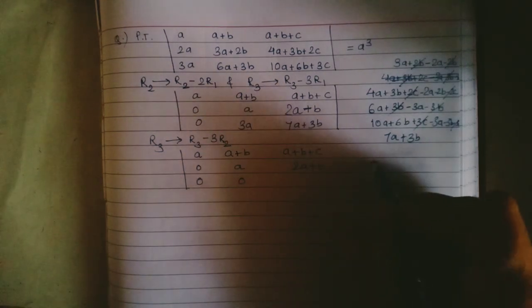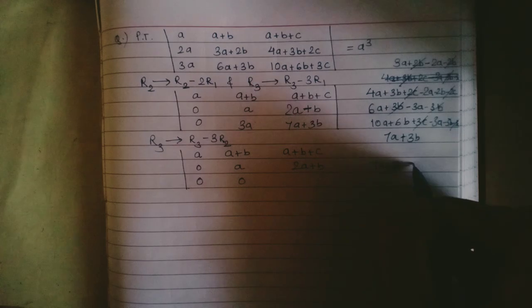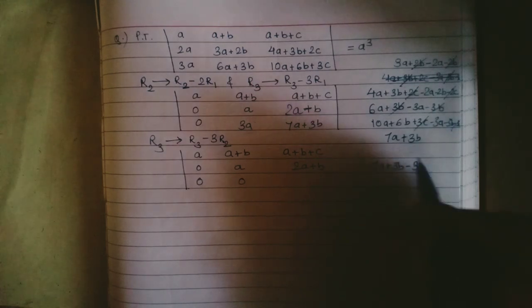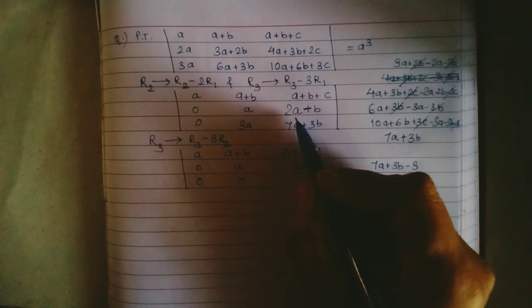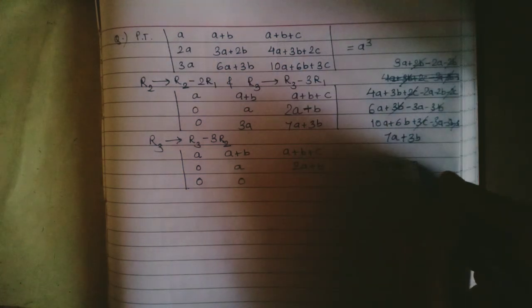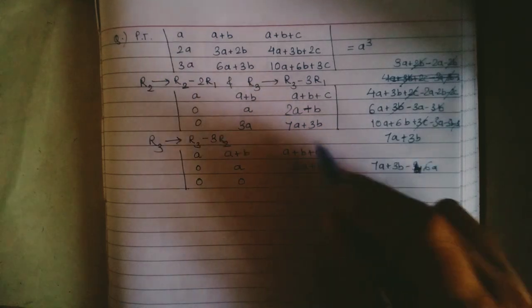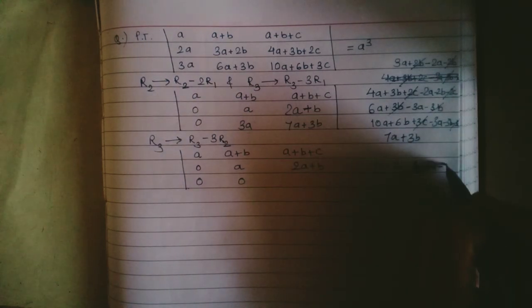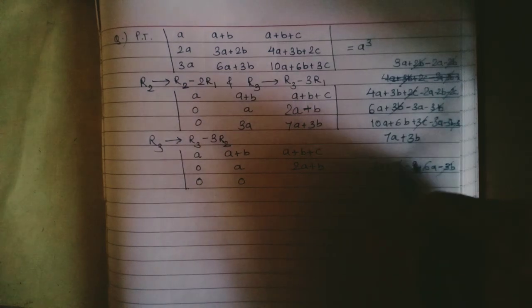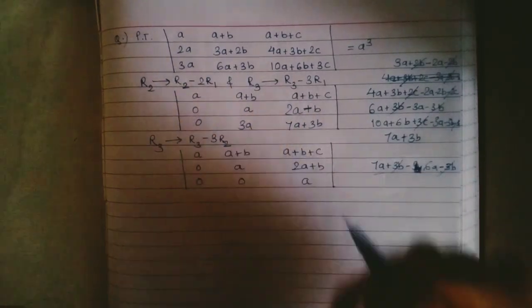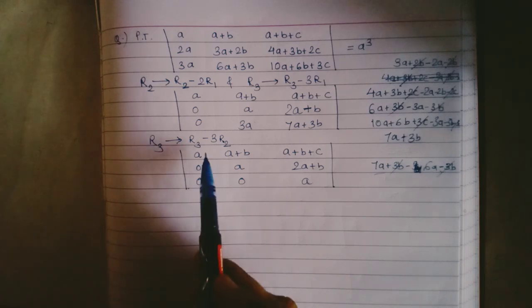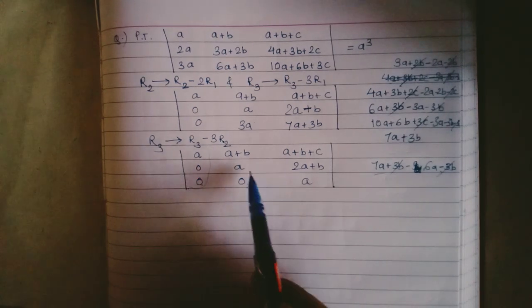This will be 7A plus 3B minus 3 times R2, that is 2 into 2, 4, so 6A minus 3B, so it will be A. Now if you expand along this column, you will get a cube.